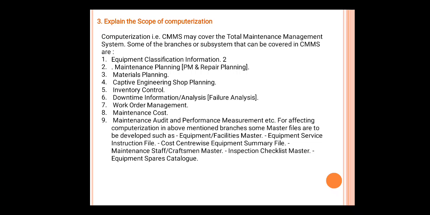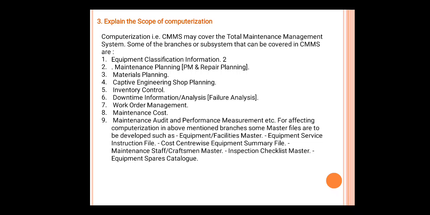Some of the branches or subsystems that can be covered in CMMS are: first, equipment classification information; second, maintenance planning; material planning; capital engineering shop planning; inventory controls; downtime information analysis; work order management; maintenance cost; and ninth, maintenance audit and performance measurement, etc.